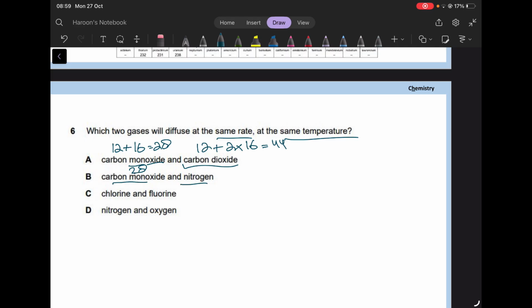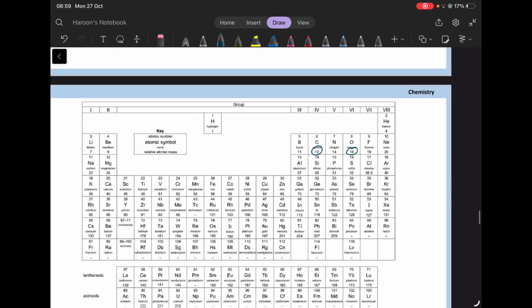And by the way, nitrogen is over here, and this should be diatomic. I told you guys during the lecture that apart from group 8, like for example helium, neon, argon, and as we go down this column, all these would be monatomic, like single atom form, and the rest of the gases would be diatomic.